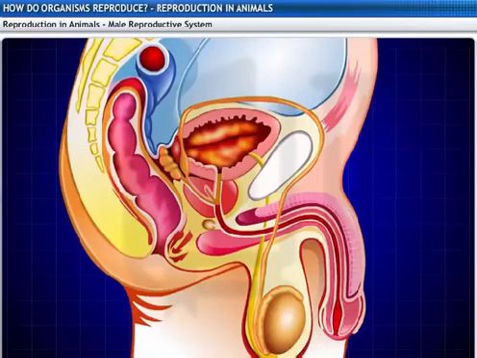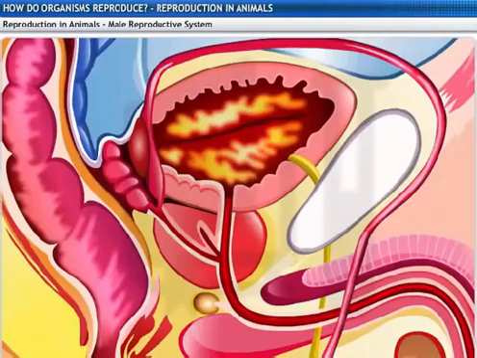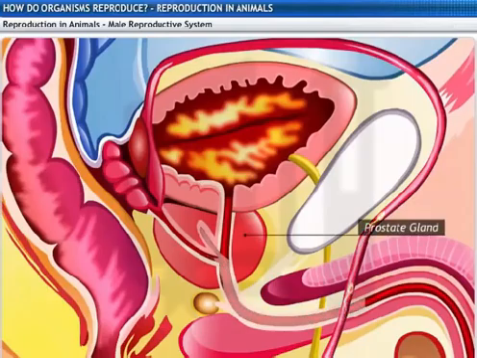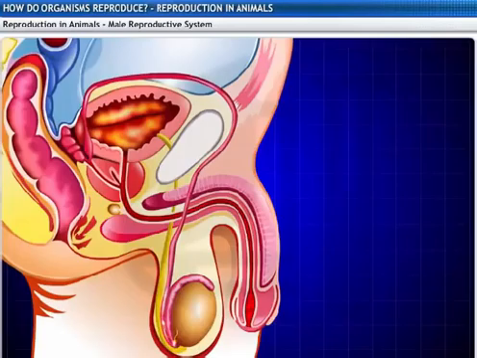The sperms use the help of the vas deferens, which joins another tube that emerges out of the urinary bladder. As the germ cells move along the path of the vas deferens, glands like the prostate and the seminal vesicles add their secretions to make the transportation easier.